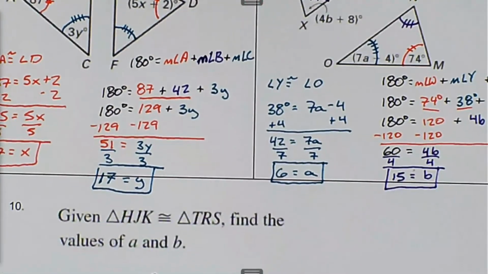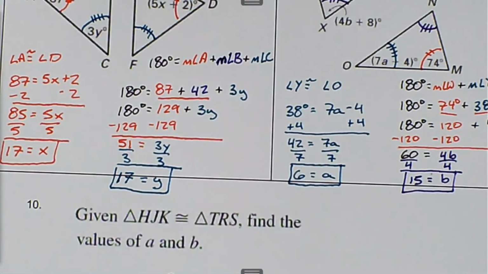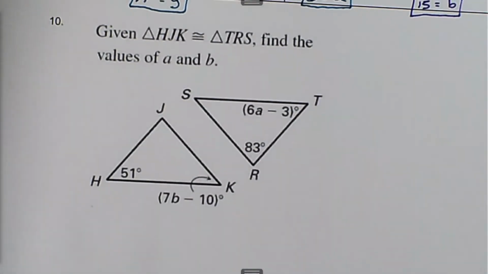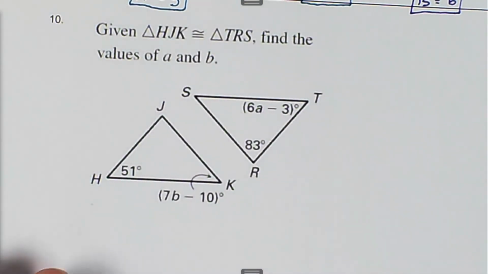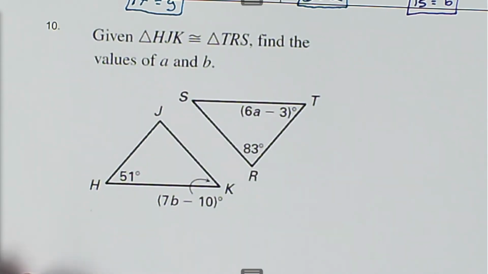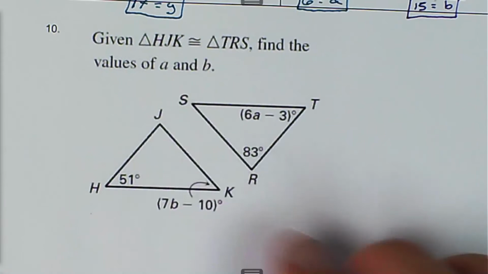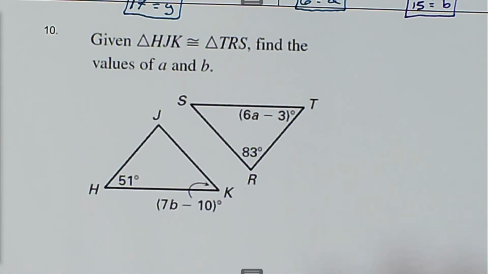And then we have one last example to go through, and it's going to be the same idea. Again, we can use the name to match up the angles that are corresponding and congruent.